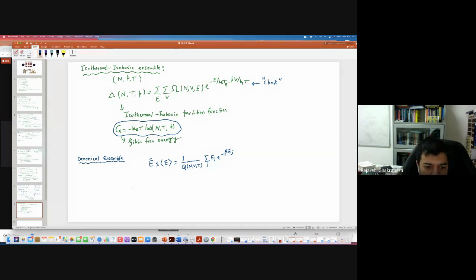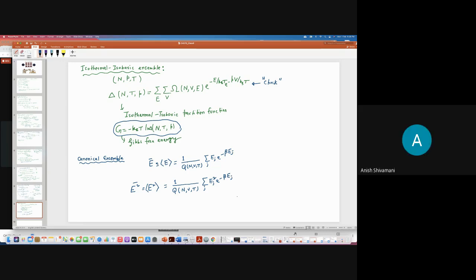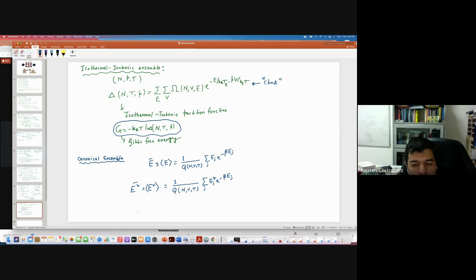Now I can also calculate E square average. What will be the definition? It will be this. Is this fine? Okay. Now I can always define the mean square standard deviation for a system. This was done in one of the classes, no?